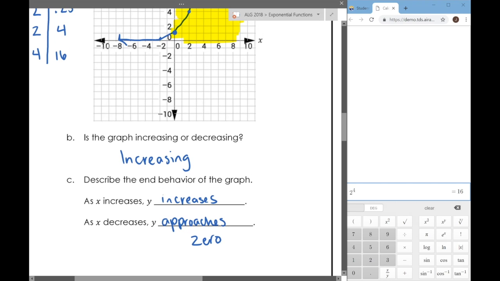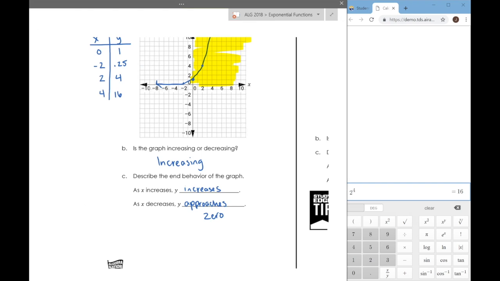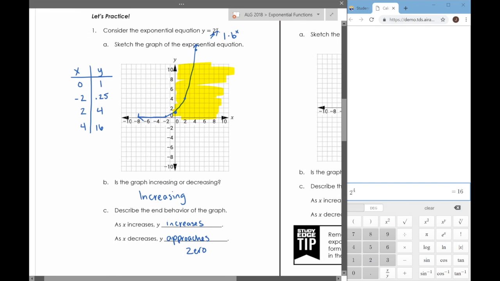Okay? And notice how my graph is really close to 0, but it does not touch. Okay? That's what an exponential function does. It gets really, really close to 0. Okay? So the point of this graph was to show you when you have a positive number, the graph is going to increase. Okay? When you have a positive number, your graph increases. Okay? Let's move on to the next one.